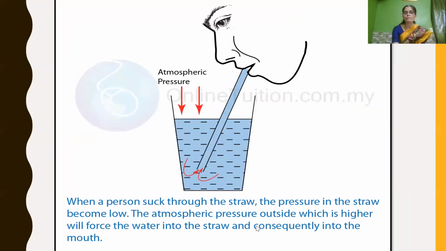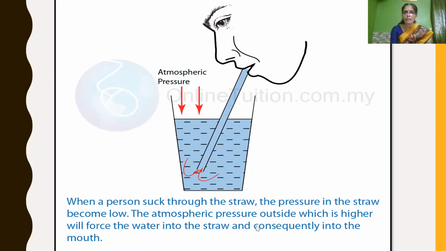Children, in the same way here also, which pressure is being used in this figure? Air pressure is being used. How can we use it to suck a fluid? When you suck the fluid, we first suck the air inside the straw.